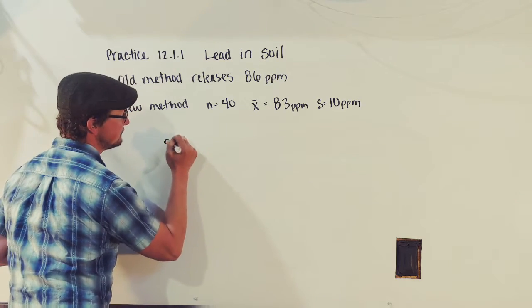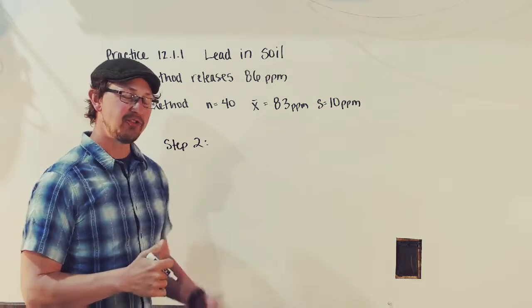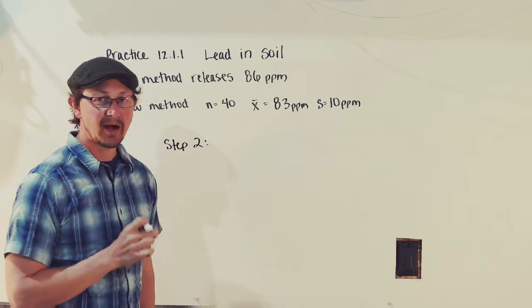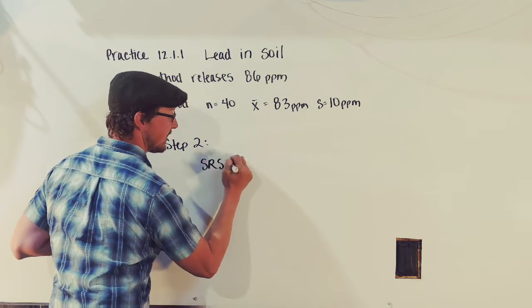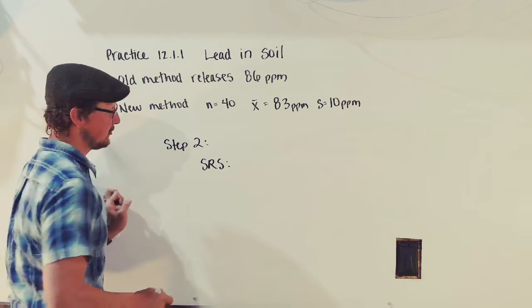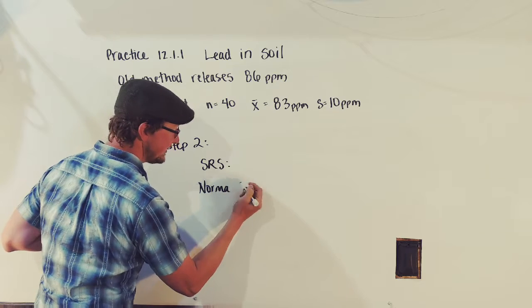Step 2 is where we acknowledge and recognize the conditions of this problem. There are 3. One, that our data set comes from a simple random sample. Two, that it's normally distributed.